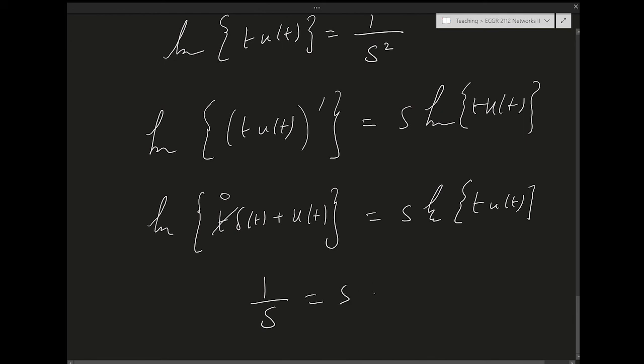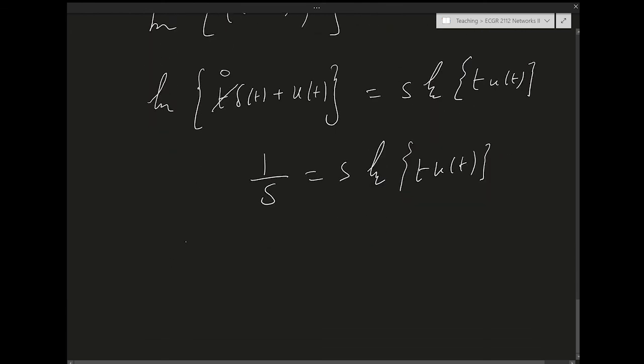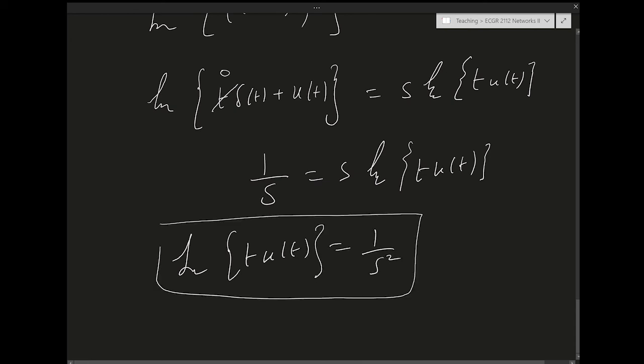So the Laplace transform of t u of t equals 1 over s squared. The same result, just written in the alternate notation. You can always jump back and forth between those two notations.